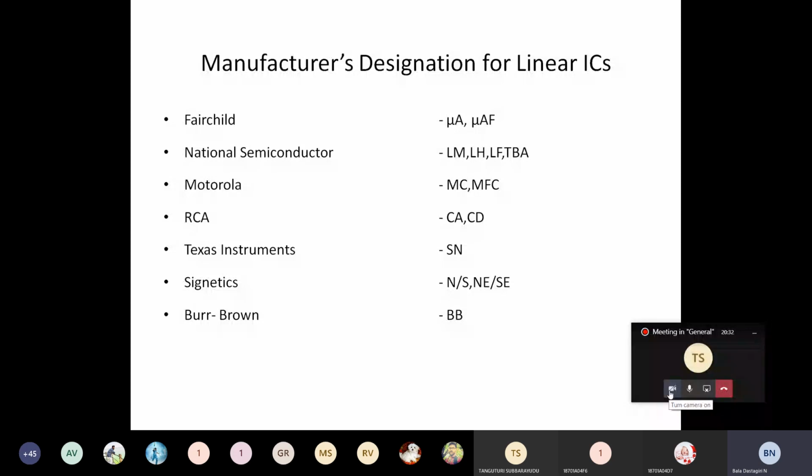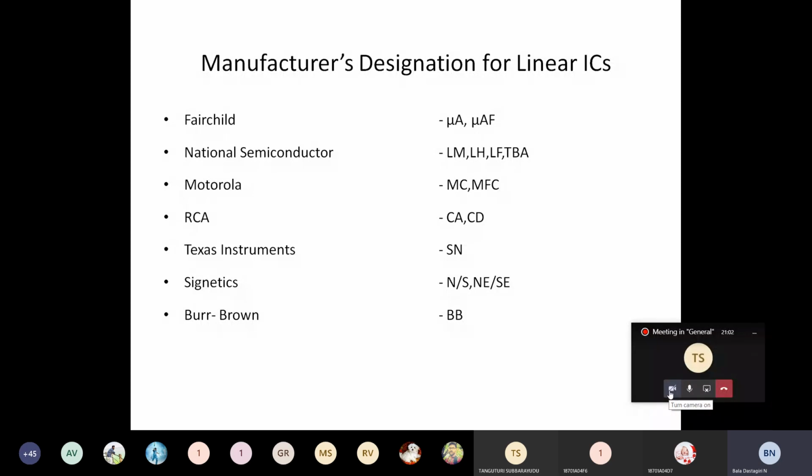If the IC is manufactured by Fairchild, on the IC it will be written as UA or UAF followed by some number. So if it is UA or UAF, then we can say this particular IC has been manufactured by the Fairchild company. If it is manufactured by National Semiconductor, on the IC it will be written LM or LH or LF or TBA followed by the IC number.